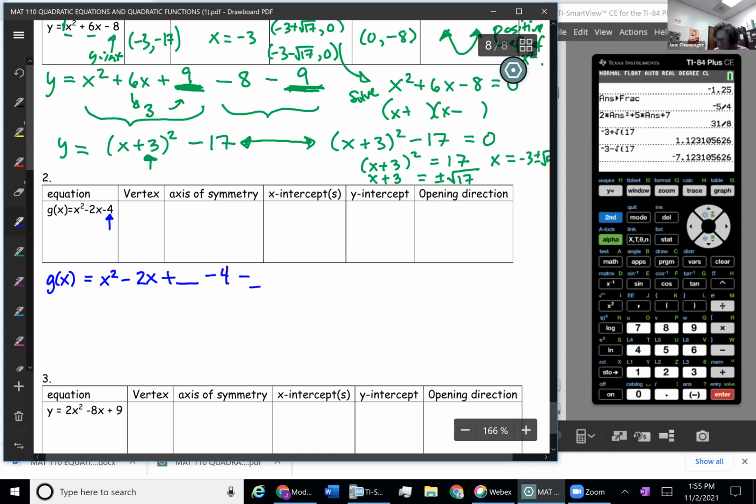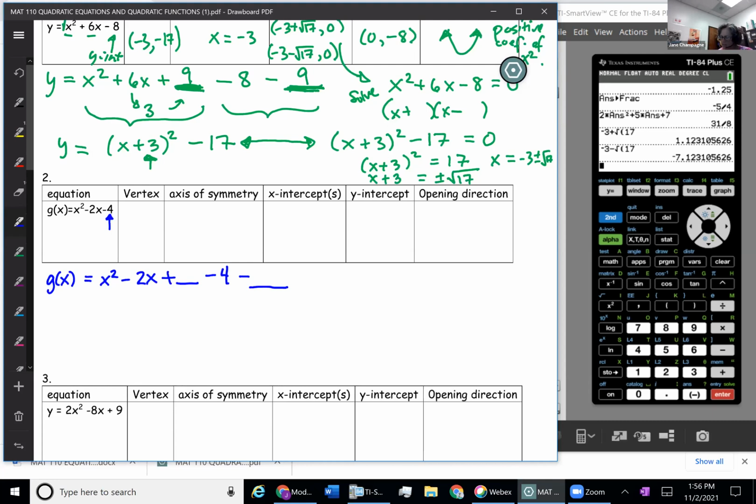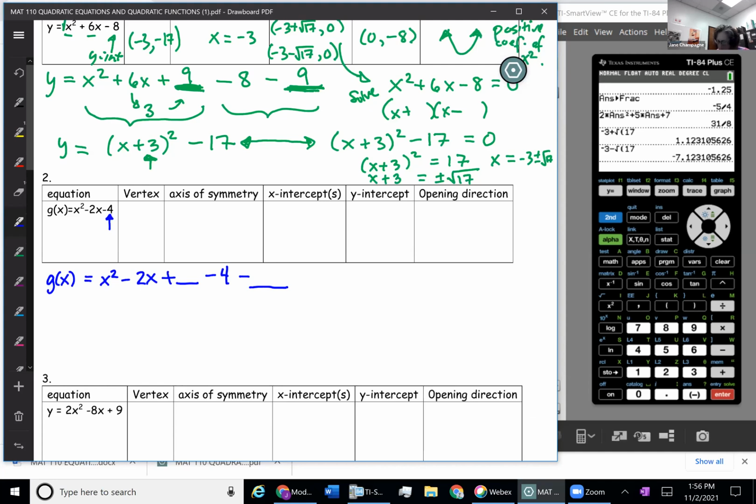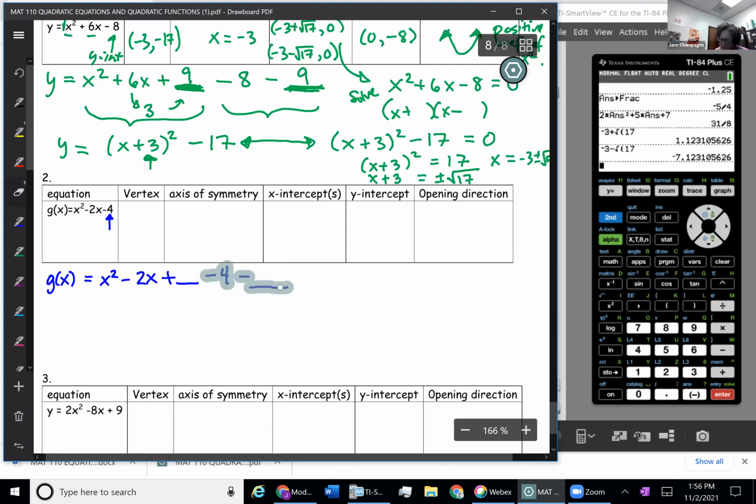So that's what the template looks like for completing the square for a quadratic function. Plus blank and minus blank. Just leave the constant there, either in between or on the end. In fact, that might even be nicer. If we just go plus blank, minus blank, and then the minus 4.